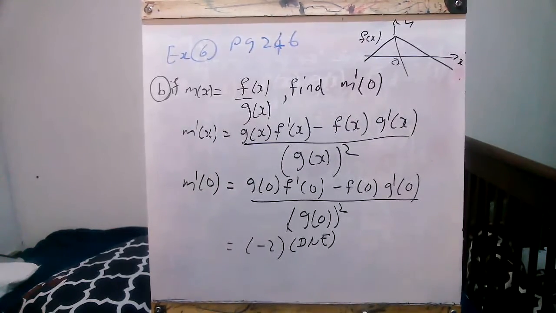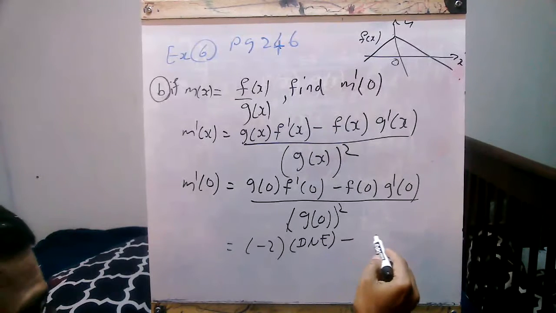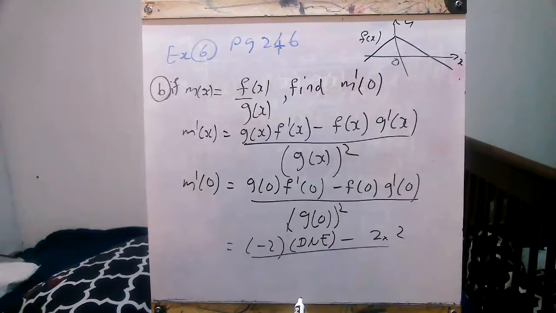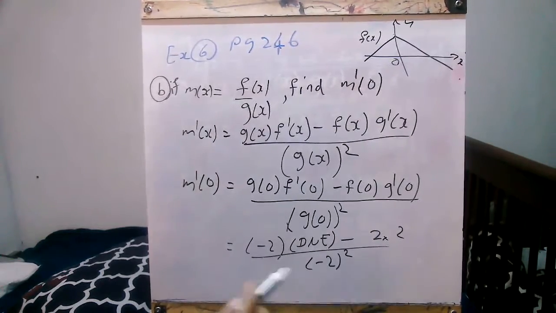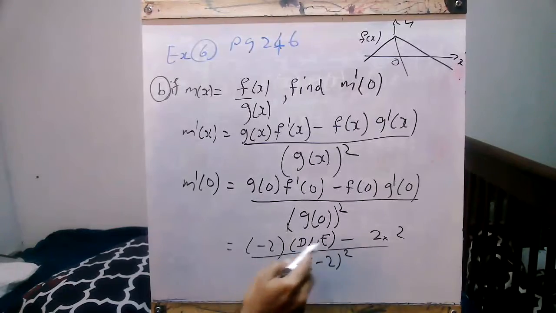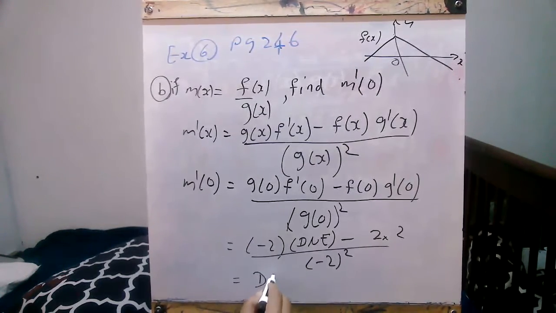You may plug in these values: minus 2 times 2 divided by g(0) which is negative 2 squared. Doesn't matter. If any of these values do not exist, the whole thing does not exist. DNE.